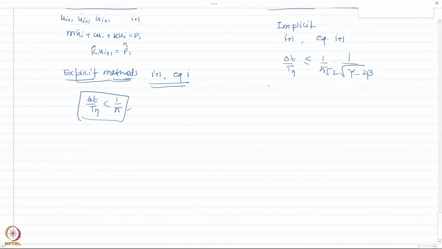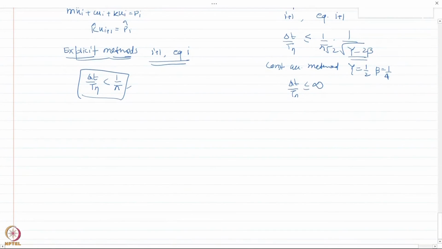Now, if you consider constant acceleration method, what was the value of gamma? Equal to 1 by 2 and beta 1 by 4. If we substitute this, this term becomes 0, so this becomes infinity. So delta t needs to be smaller than infinity, which would always be the case.